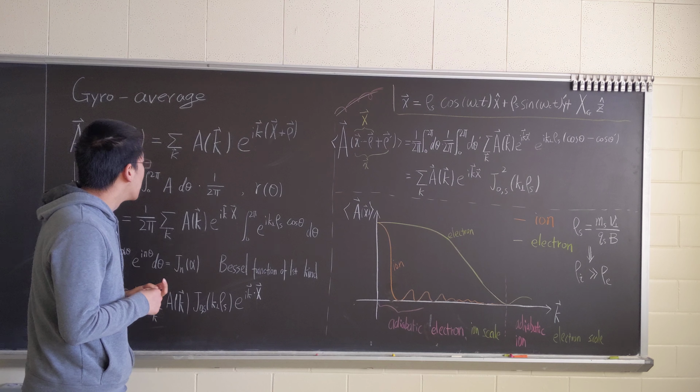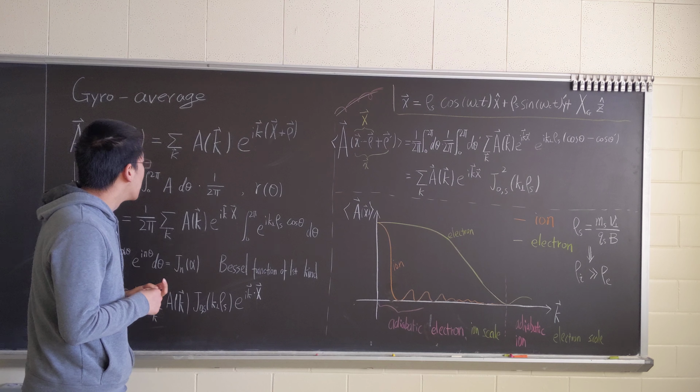Gyro averaging is pretty much the whole circle, the gyro motion. You can think of the gyro motion like this, the whole circle. You do the integral from 0 to 2 pi, divided by 2 pi.